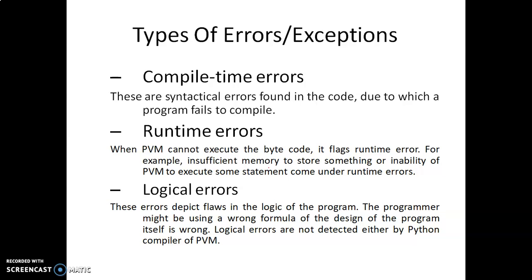Whenever you execute the program, based on the value you give at runtime, your program may raise an error or may terminate. We call that a runtime error. This is handled by our PVM, the Python Virtual Machine. It handles runtime errors, and whenever there is a runtime error, it just terminates our program.